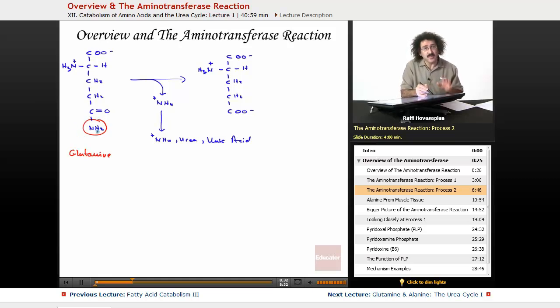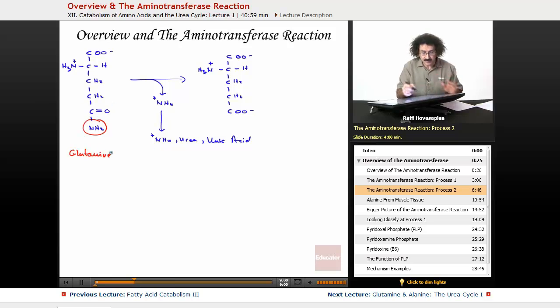So the NH2 group on the glutamine is the ammonia produced by the metabolism of other proteins that are not in the liver cells. And they are transported to the liver cells, where they give up this ammonia group, this NH2, as NH4, and that goes on to either be used in biosynthesis or excreted as urea, uric acid, or NH4.